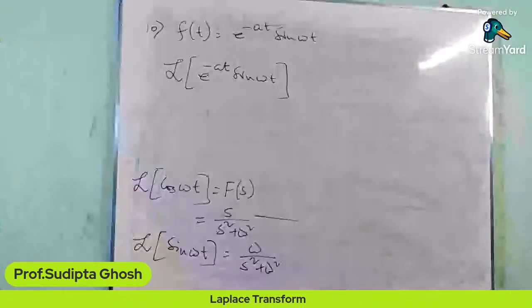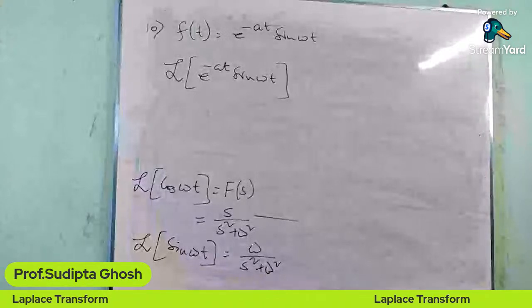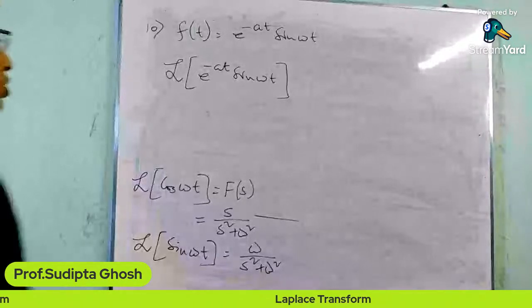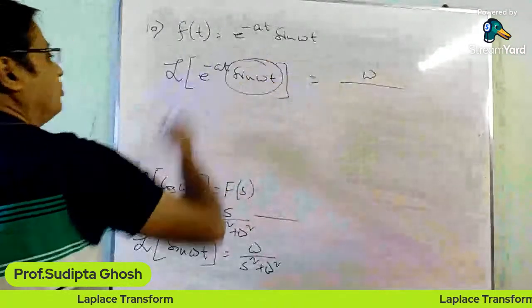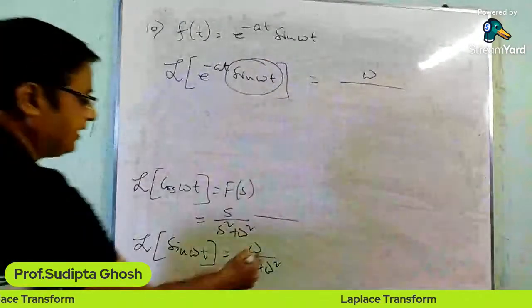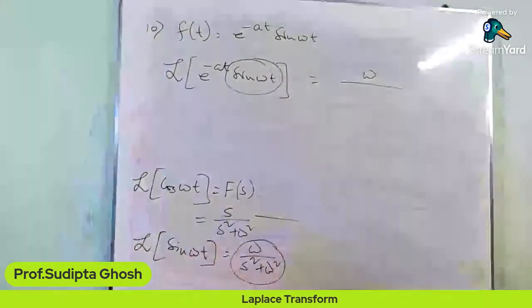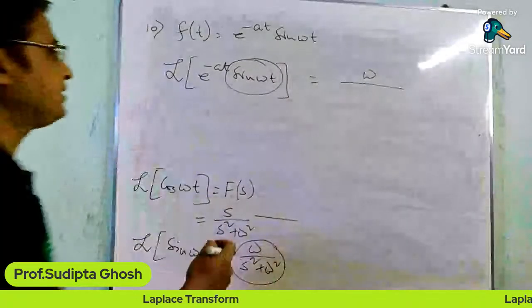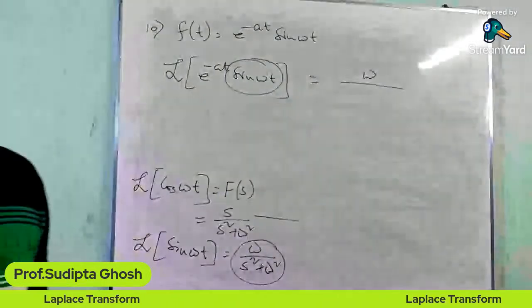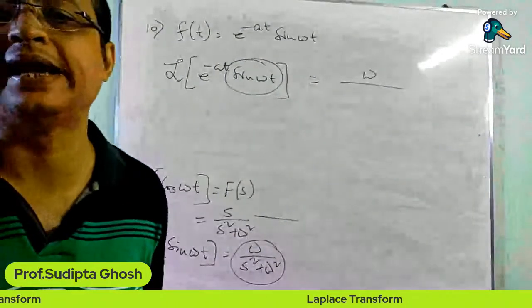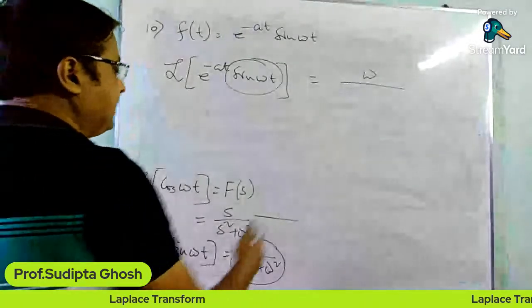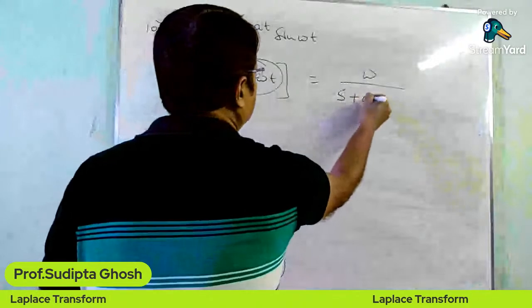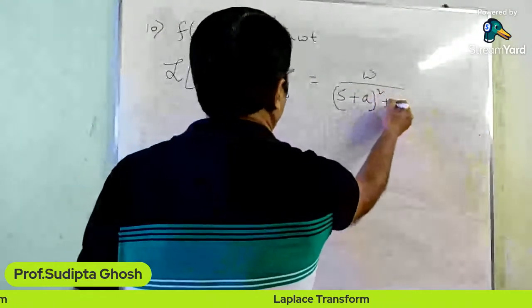So the Laplace transform of e to the power minus at sine omega t should be omega, because the transformation of sine omega t was omega by s square plus omega square. Right now we have to write s as s plus a. Yes, Momita, that is the right answer. So s plus a whole square plus omega square.